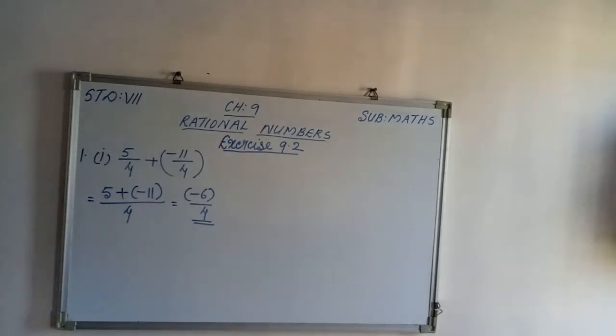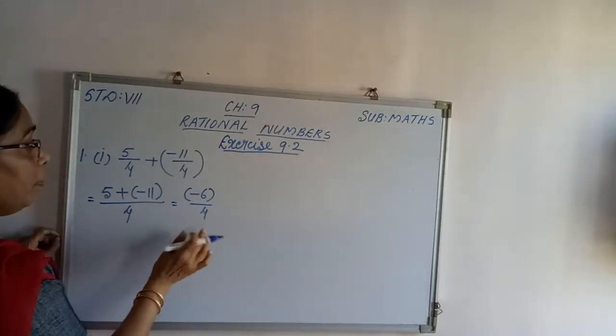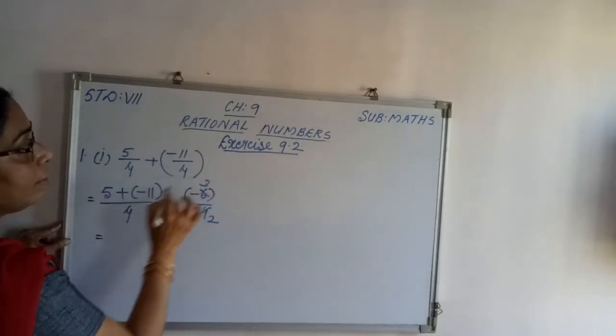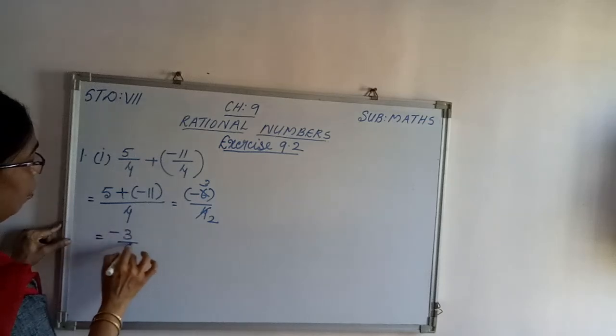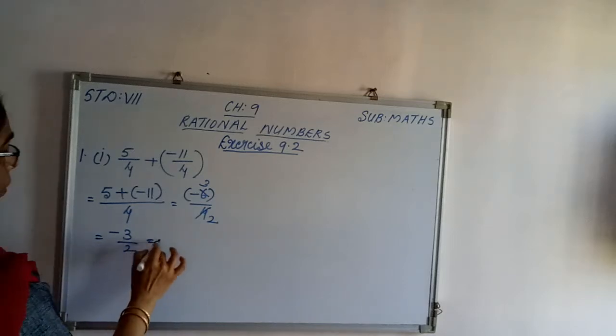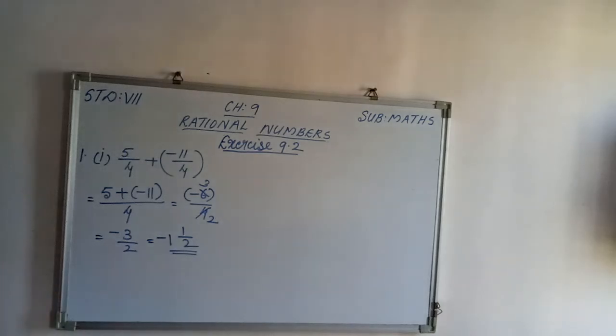So minus 6/4 is the answer. Now see, minus 6/4 we can simplify. 2 2s are 4, 2 3s are 6. Minus 3/2. It can be written as minus 1 and 1/2. Okay.